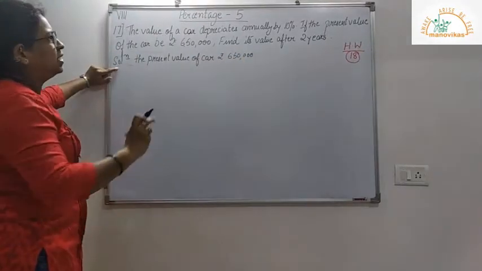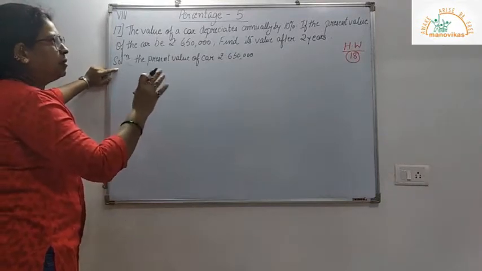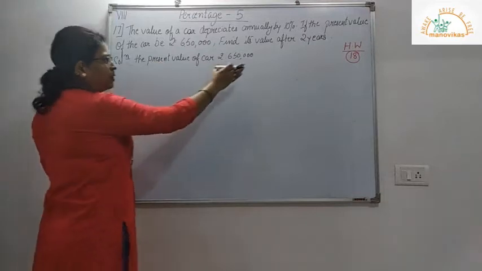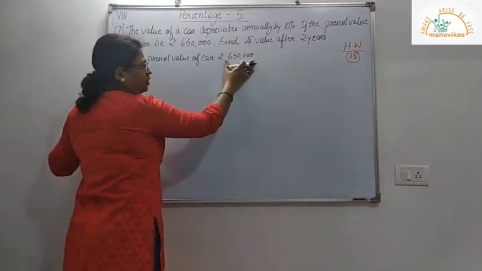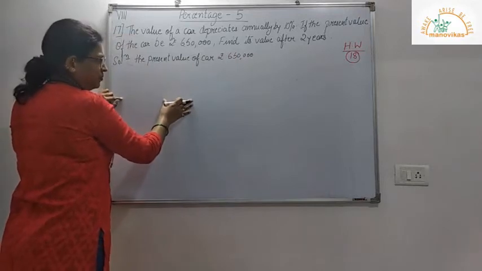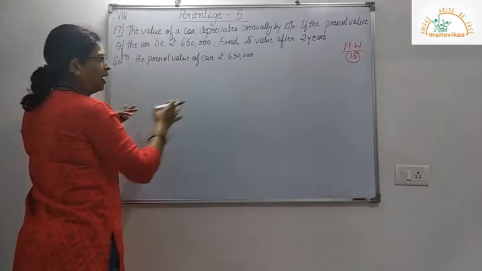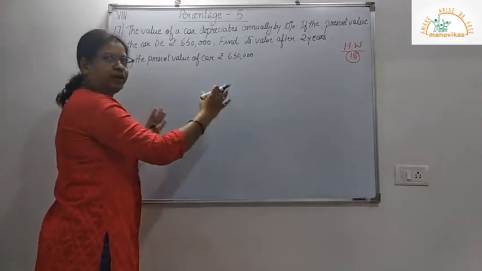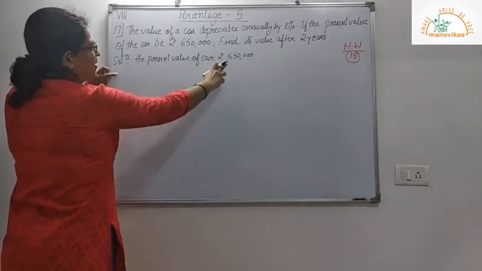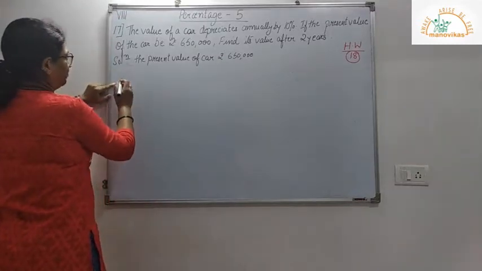Now what they have said, every year it depreciates by 10%. So from the present value, it will depreciate 10% in the first year. Again the value which you get after 1 year, on that again it will depreciate by 10%. So now let us find the depreciated value in the first year.